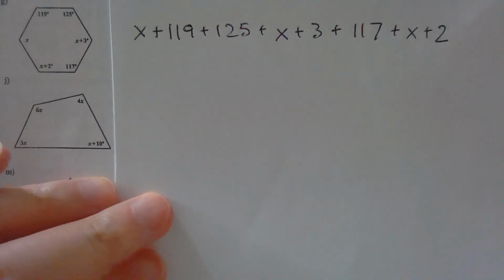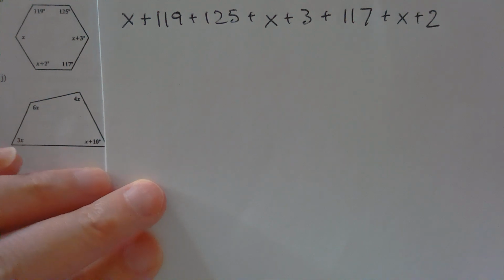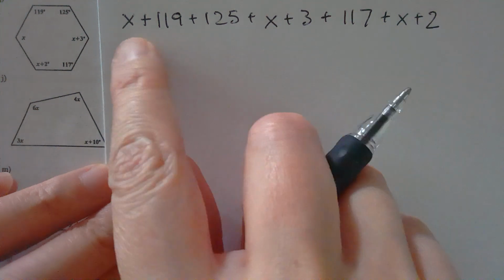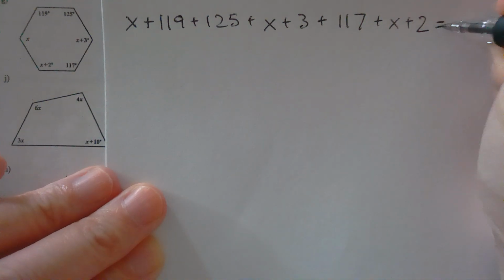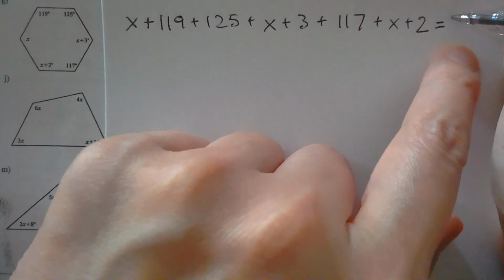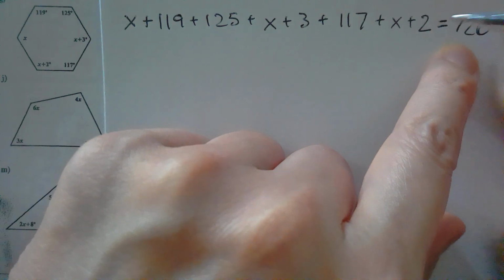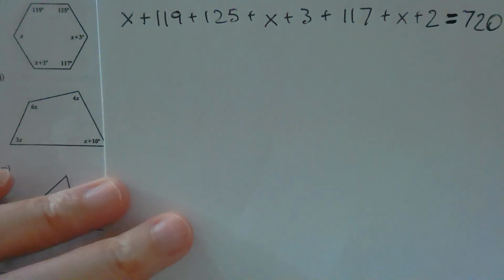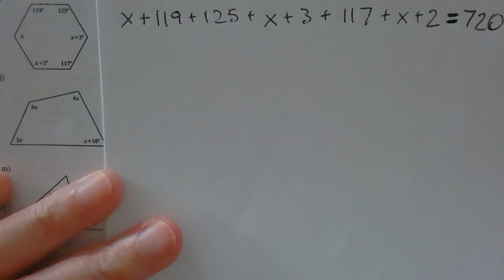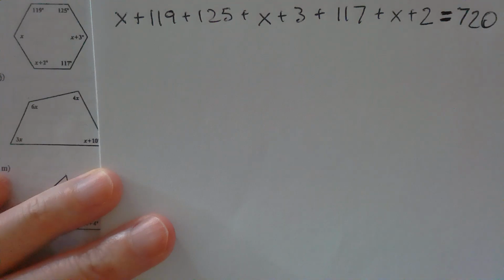What I see a lot is you know that you have to add up all of them, but then you cannot solve for x unless it's an equation, which means you have to have the right side. So equal 720. Without an equal sign, you cannot solve for any algebraic expression. You have to have that equal something. So most of the time it's equal 180 or 360 and so forth.